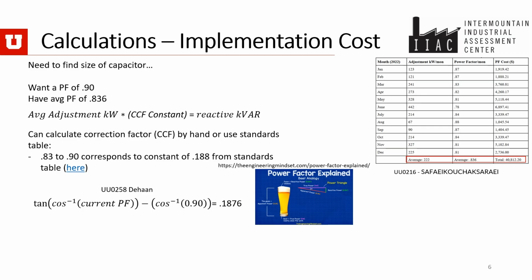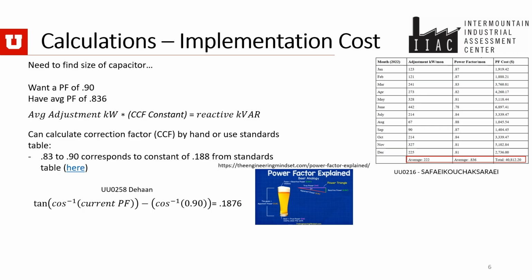You can see that they result in essentially the same number, and for those interested, this figure shows the beer analogy again and kind of hints at the trigonometric reason why this equation works. In general, this website, theengineeringmindset.com, is very good for what we do.